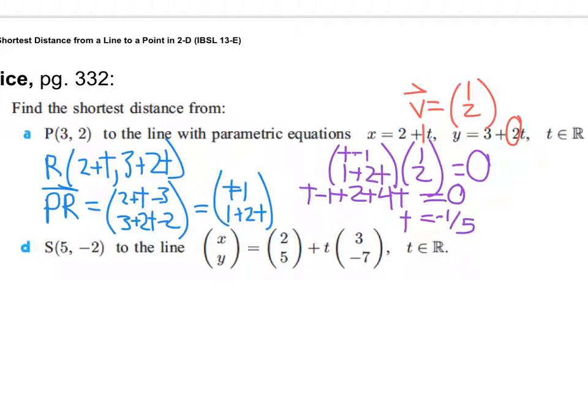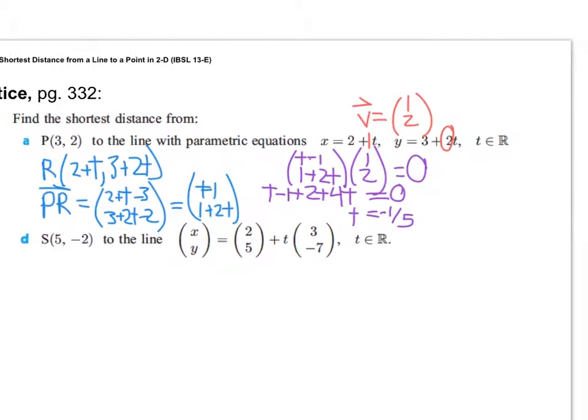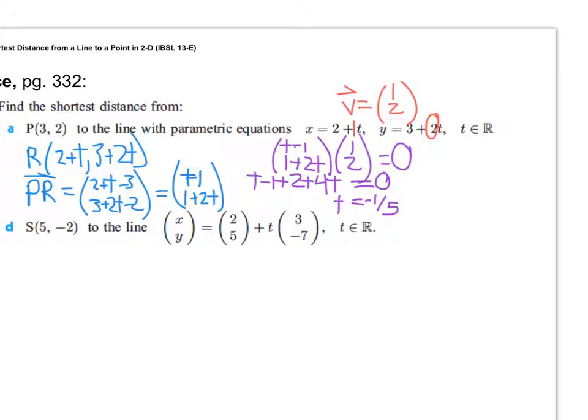So t is negative 1/5. What do I do at this point? Find the magnitude of PR.